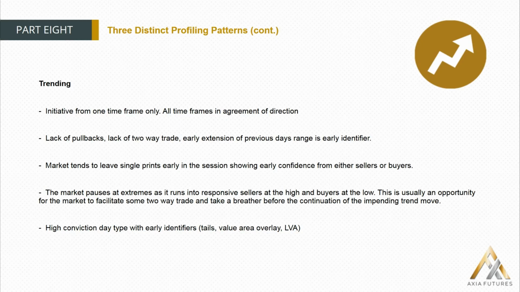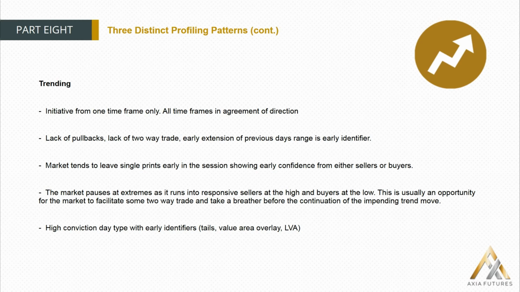It's very rare to see weak control variables being exhibited, and if they are, they tend to be almost like free gold lying around, because those you can be particularly aggressive on, as there is a strong conviction for prices to either move up or down. Then the market pauses at extremes as it runs into responsive sellers at the high and buyers at the low.